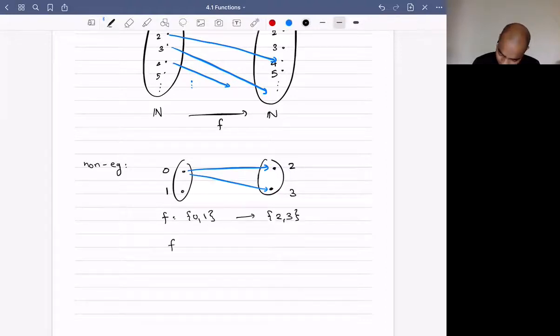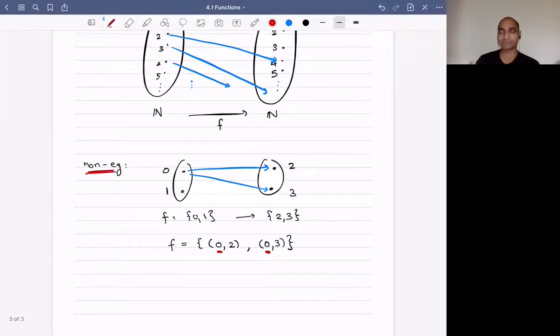I'm saying f is the set of tuples (0, 2) and (0, 3). And the problem is that there are 2 things which have input 0, and a function has to take an input and produce a single output. So you can't have one input going to 2 outputs. So this is a non-example.